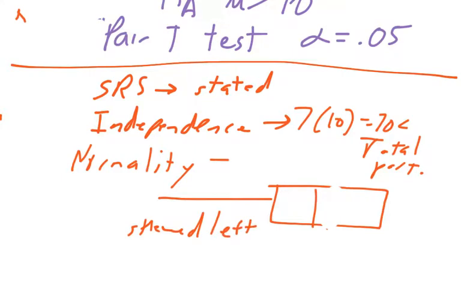So we're going to say that we need to proceed with caution, because even though we don't have any outliers, we only have 7 data points.